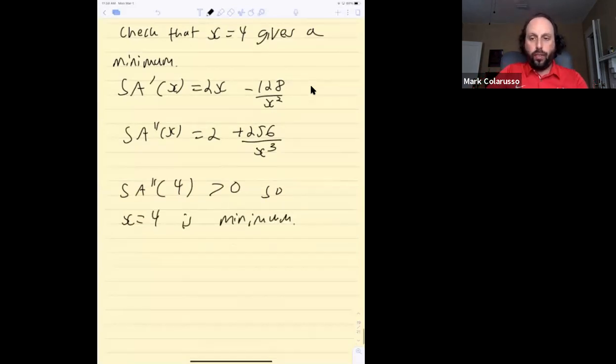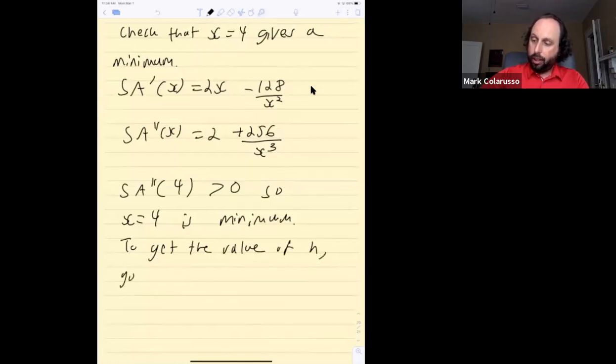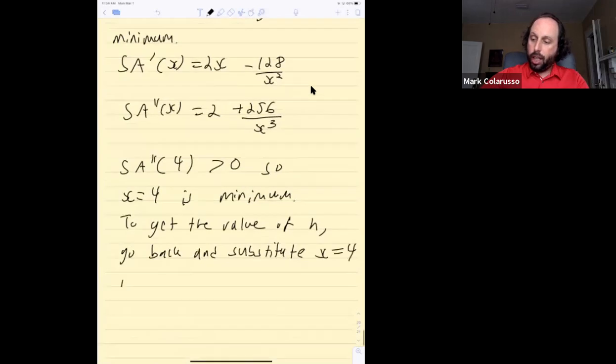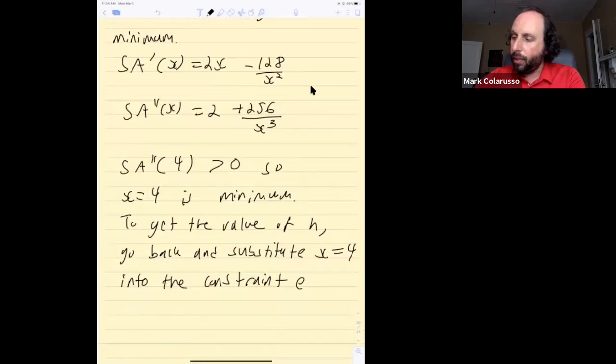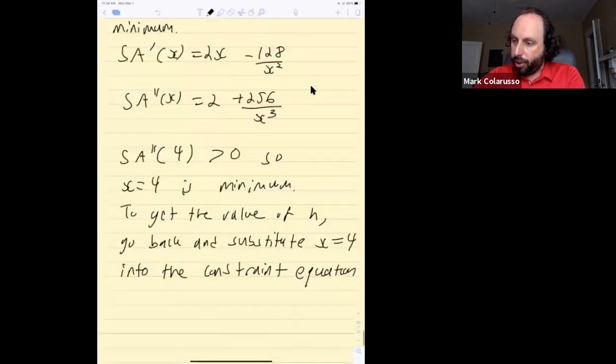So we also wanted the value of h, right? It also wanted us to tell the value of the height of the box h when there's a minimum. To get the value of h, go back and substitute x equals 4 into the constraint equation. Where's the constraint equation?